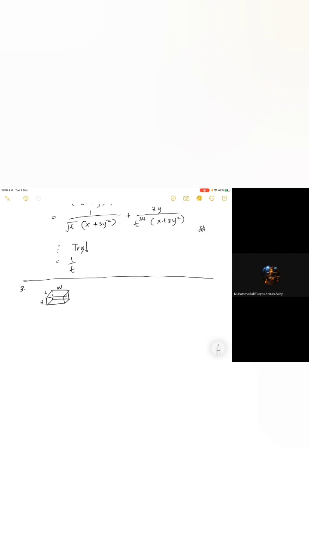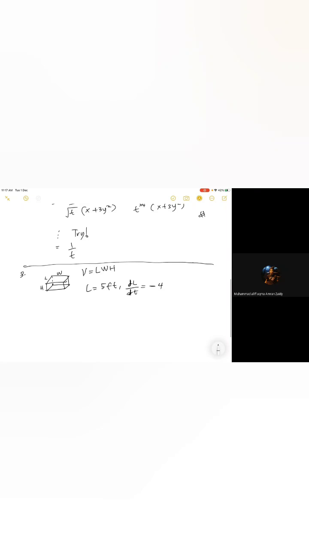Okay, so the volume of a box is the length times the width times the height. Okay, tinggi dia. So it says that the length is 5 feet, L is equal to 5 feet, and decreasing, dl dt is equal to -4 sebab decreasing kan.